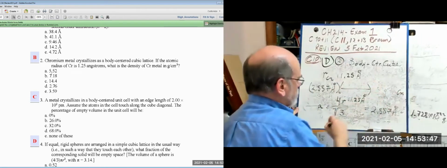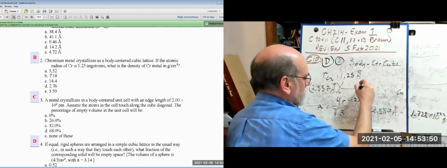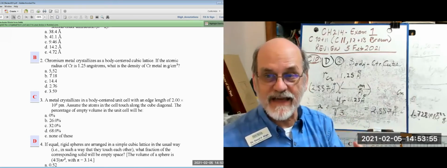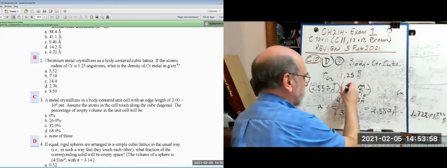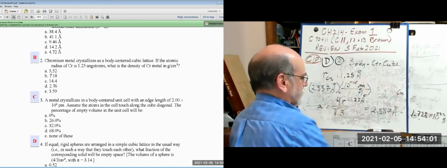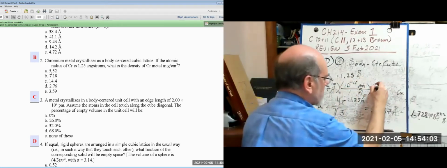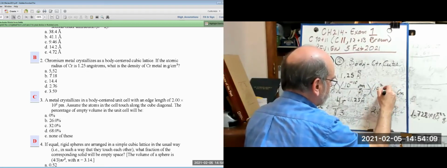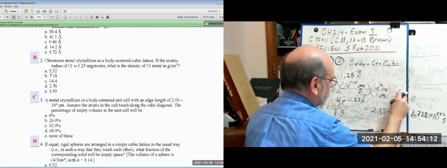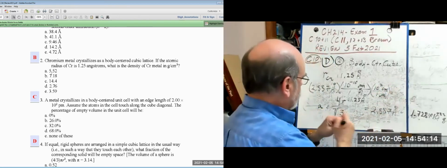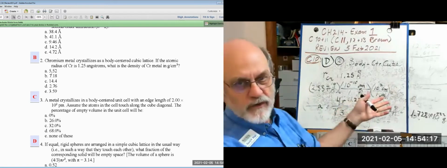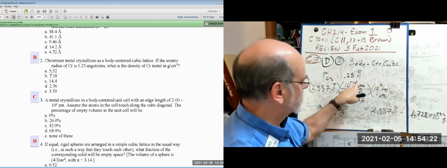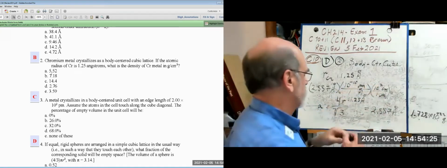So what's the ratio? Well, an angstrom related to meters is 10 to the minus 10th meters. Okay, so we got angstroms there. Now we convert that to centimeters. Now, we can do that in our head, right? 10 to the minus 10th and 2 means this is 10 to the minus 8th centimeters.